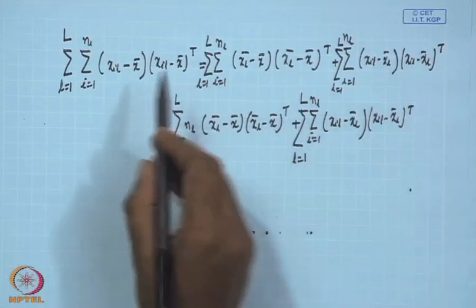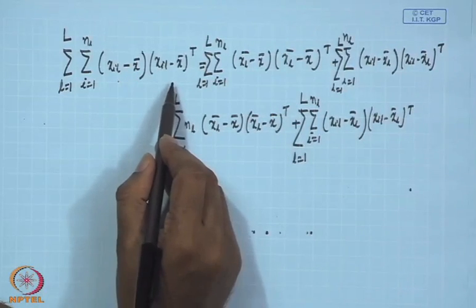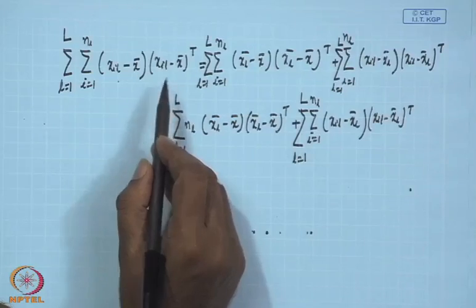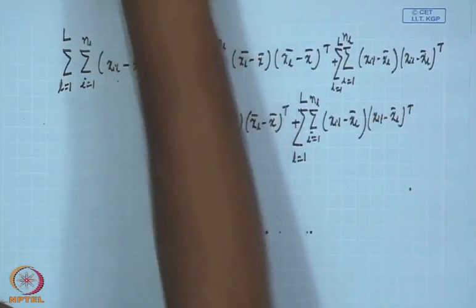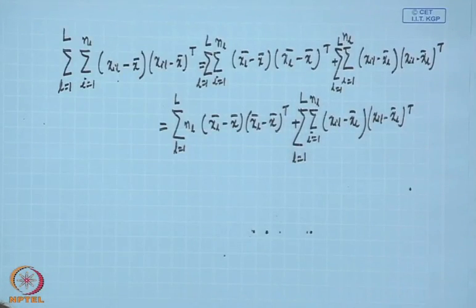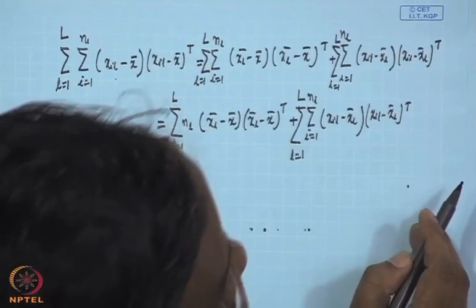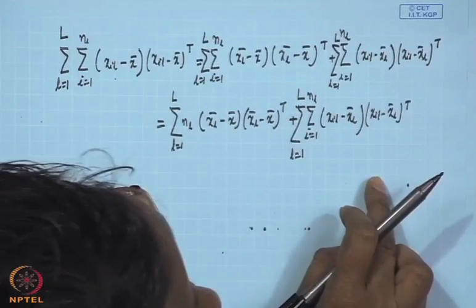We do not require, because we are doing everything in matrix domain and the vector quantity has taken care of the number of variables. So, we do not require a further sum.